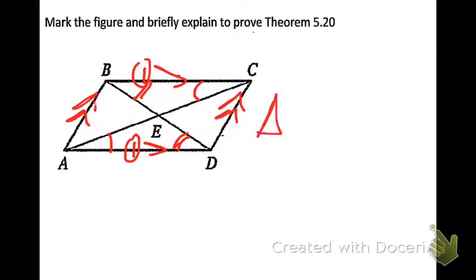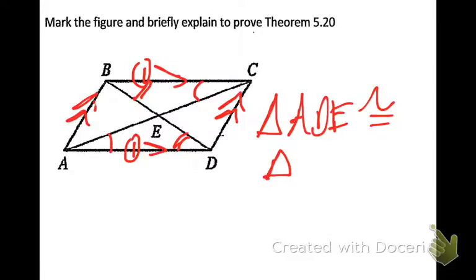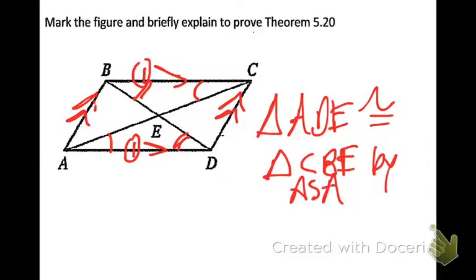We could say triangle ADE is congruent to triangle CBE. So we've got ADE is congruent to CBE by angle, side, angle.